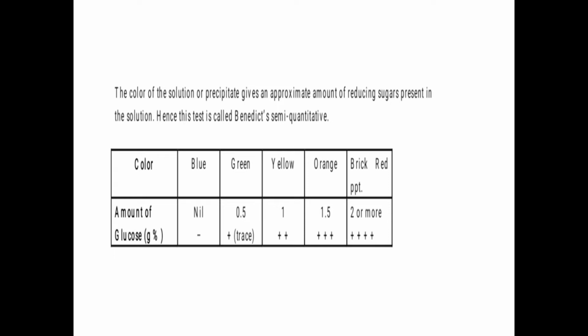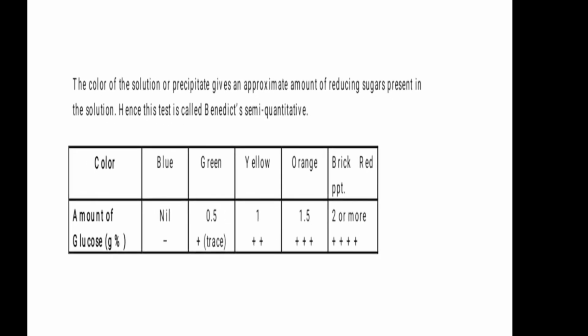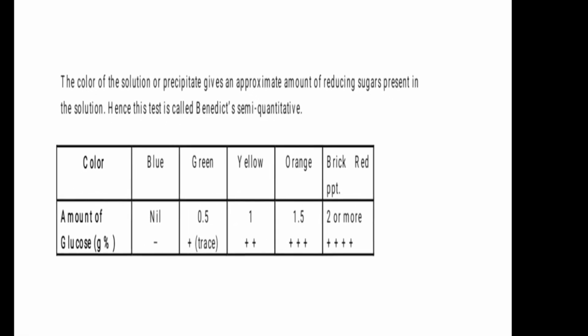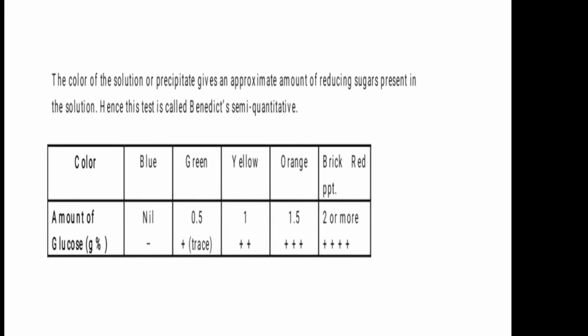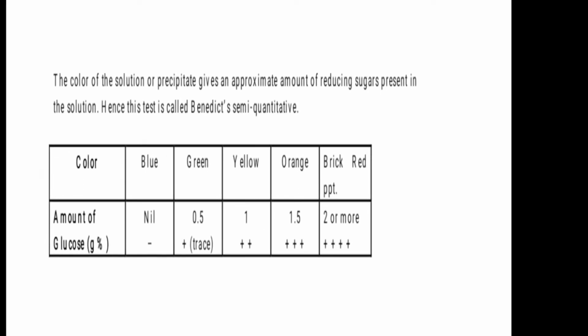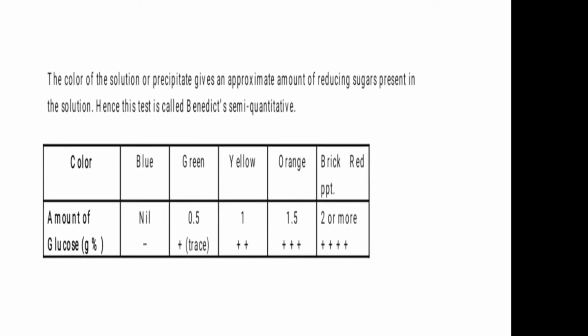Usually these tests are qualitative. We can only know present or absent, positive or negative. But Benedict's test is also called a semi-quantitative test. The color of the solution or precipitate gives an approximate idea of the amount of reducing sugar. For example, blue is negative.